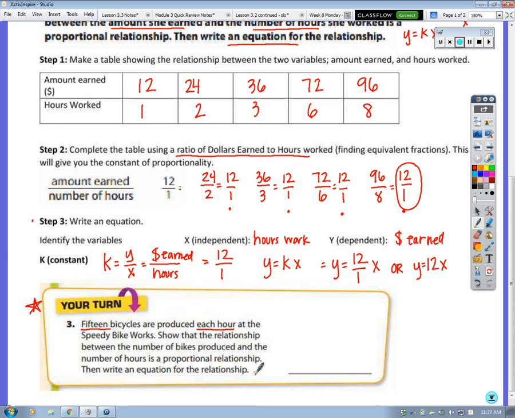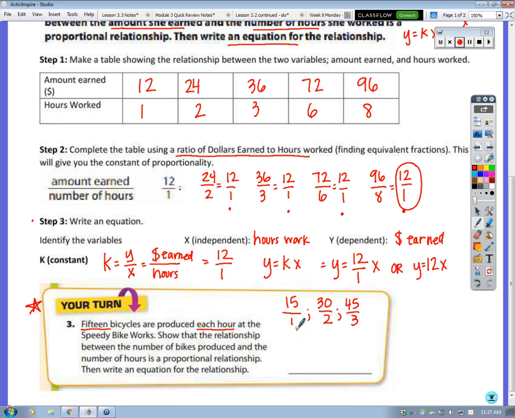So I want to know that this is proportional. I'm going to say, well, if I produce 15 bikes in 1 hour, that should equal 30 bikes in 2 hours, 45 bikes in 3 hours, and so on and so forth. This is pretty simple. This is pretty straightforward.